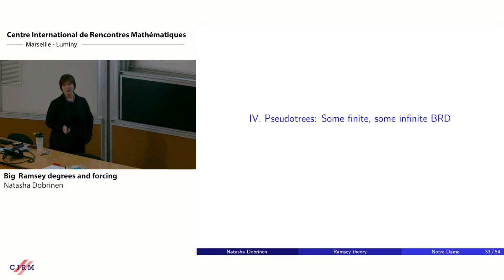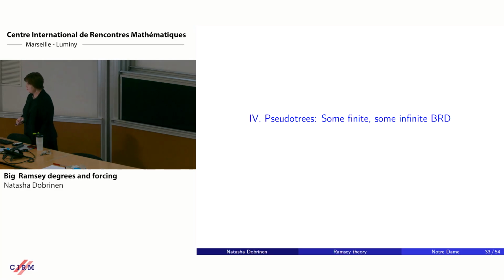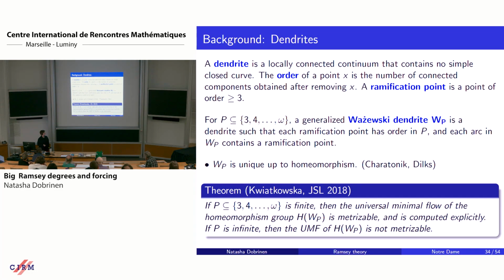All right, so pseudotrees is one thing that's new. So we have some finite and some infinite Big Ramsey degrees. And this was a talk that Ola gave in Banff in 2018, which piqued my interest at the time, but I had no idea how to solve it, so it had to wait some years.